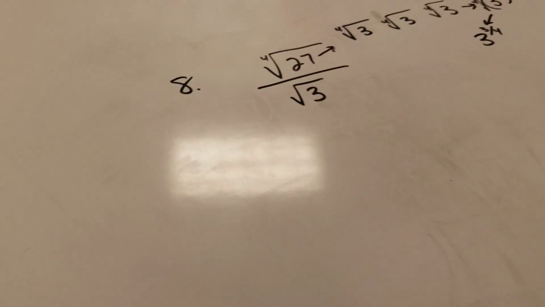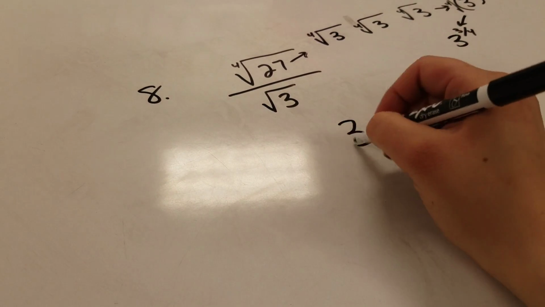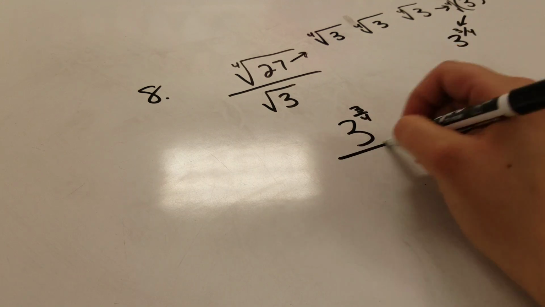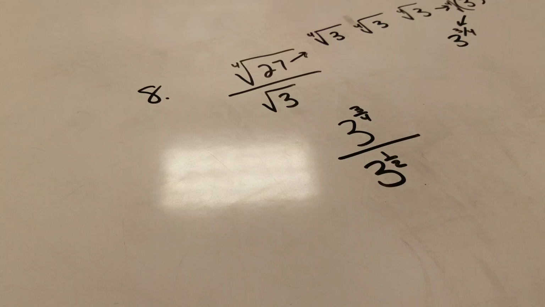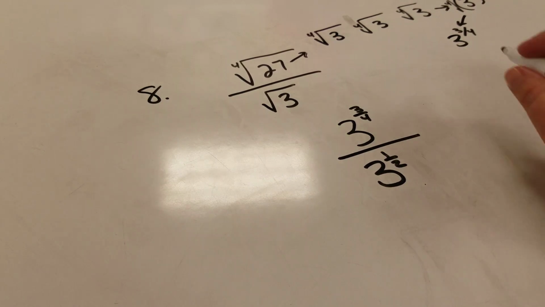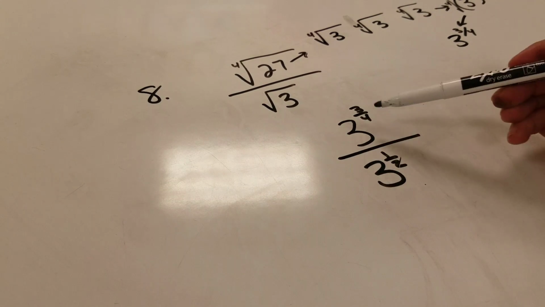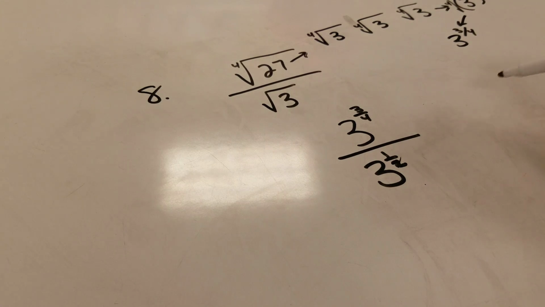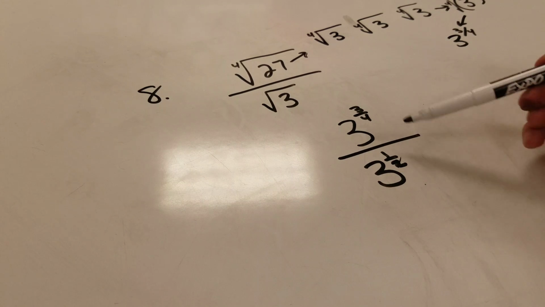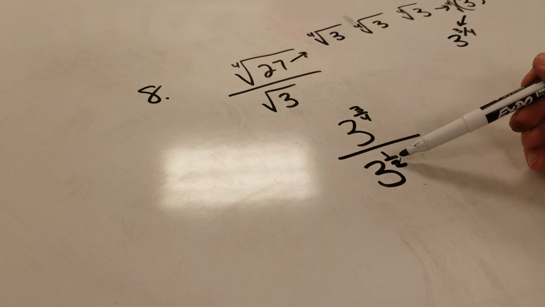Okay, I'm going to do the same thing with the bottom. So I'm going to have 3 to the 3/4 on the top over 3 to the 1/2, which is just the square root. And then this is quotient of like bases. So all we do is subtract the fractions. So in this case, 3/4 is bigger than 1/2.